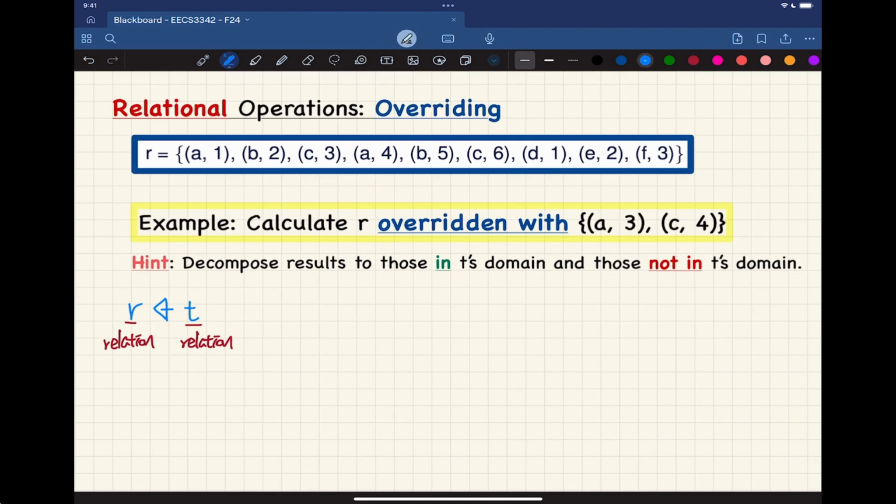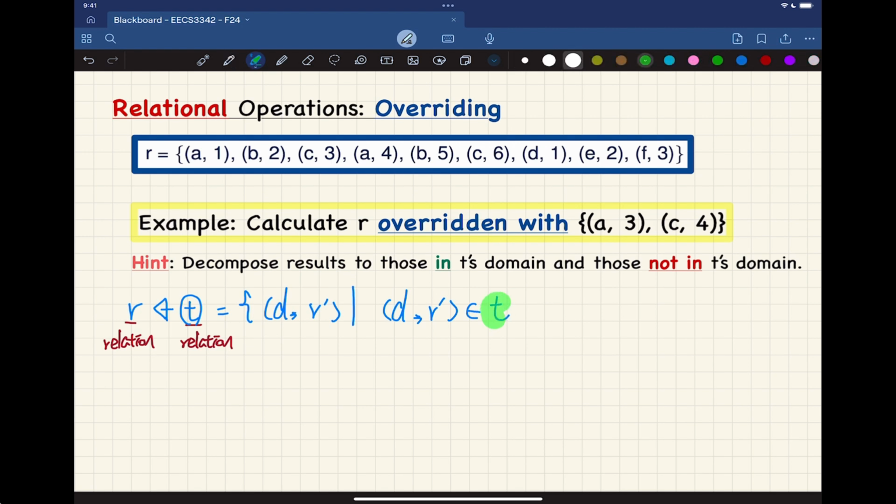And then, by definition, it's going to be a relation. That's why we got some D and R prime. Such that, okay? There are two parts over here. Part number one, if the pair is already in the T, just include it in the resulting relation. This part here is important to know.